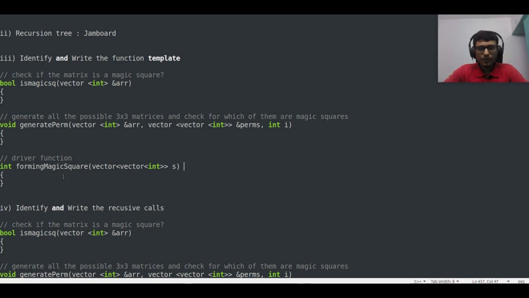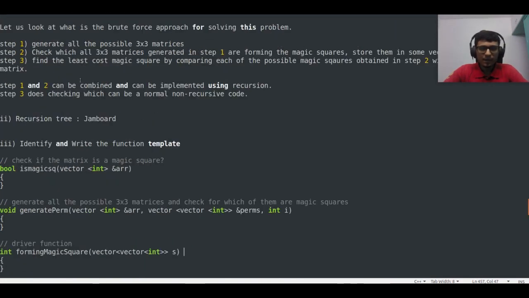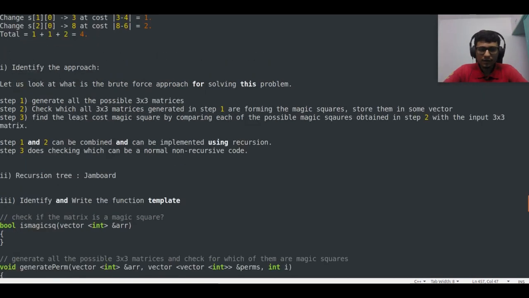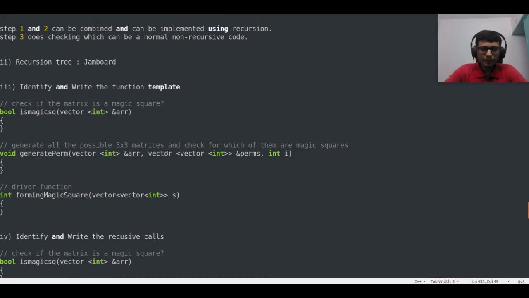And later it will also perform some post processing, that is it will perform the step 3, which is finding the least cost magic square by comparing all the possible magic squares which we generated with the input matrix. Okay, so this is all about forming magic square function.